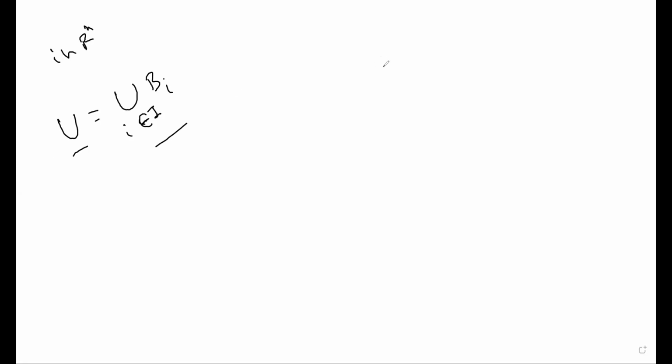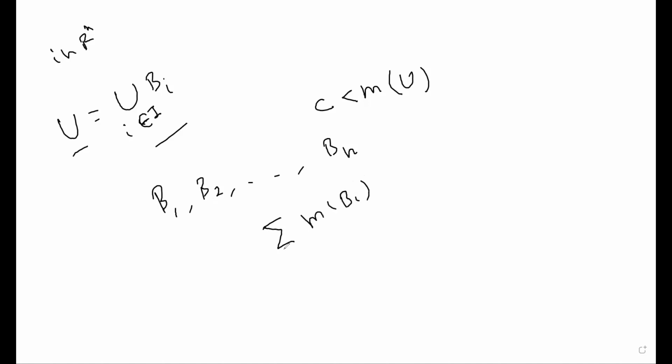Then you know that this open set has a Lebesgue measure. Let's call it mu, and take some real number C which is less than the measure of U. Then you can find a finite disjoint collection of open balls B_1, B_2, up to say B_n, such that the measure of this finite collection is greater than or equal to C by 3 to the power n.